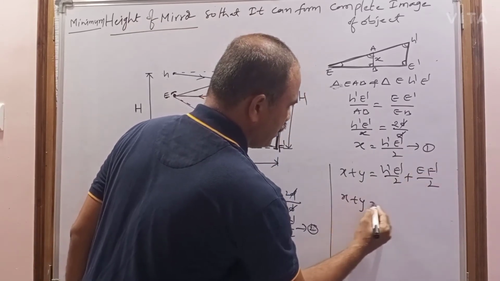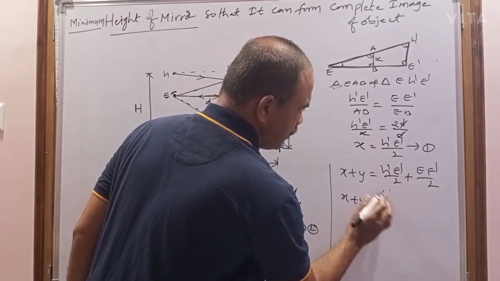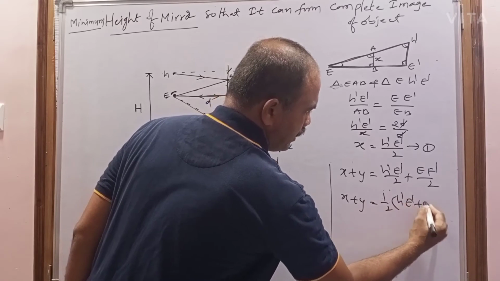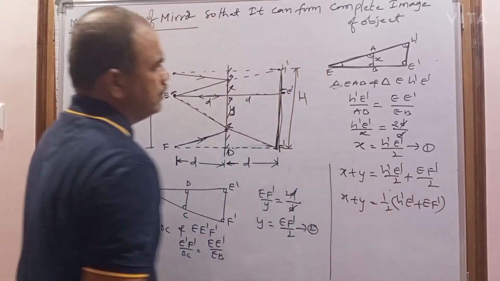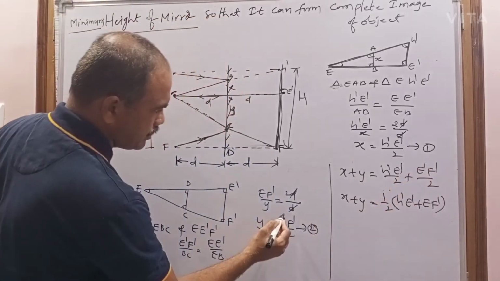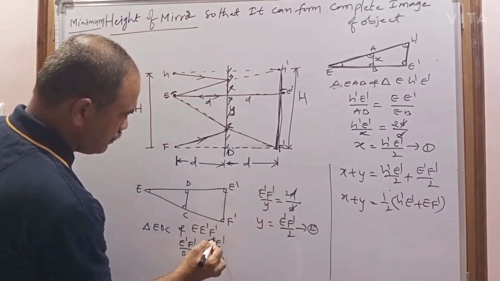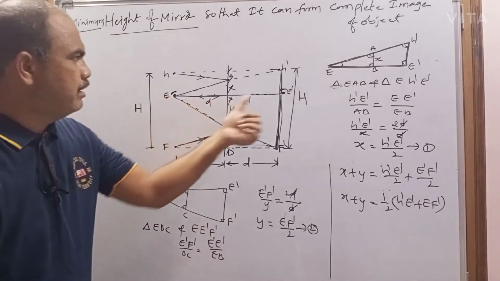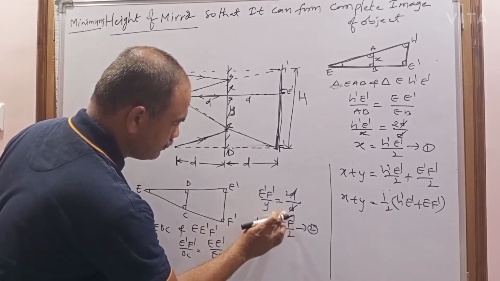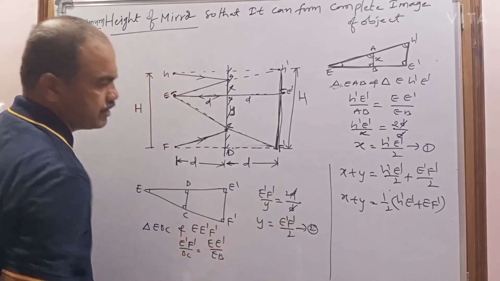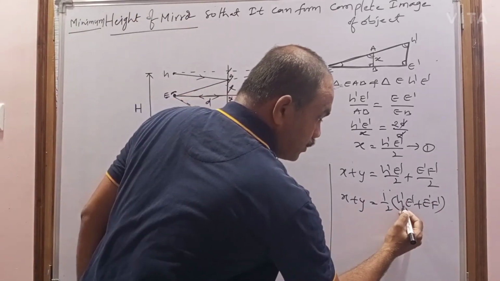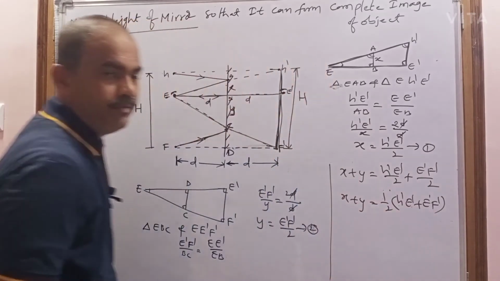X plus y equal to, when I take the common 1 by 2, H dash E dash plus E dash F dash.